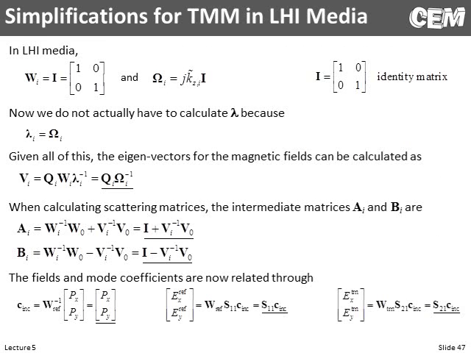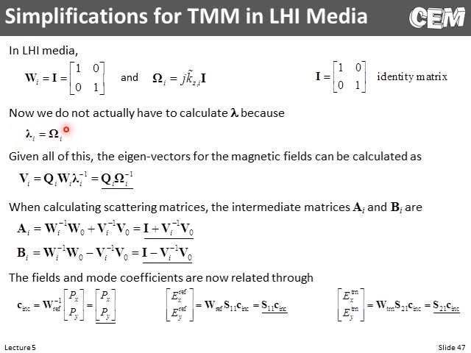Let's talk about some simplifications that are specific to the transfer matrix method, which is a one-dimensional model, and also specific to linear homogeneous isotropic media. So all the eigenvector matrices for the electric fields are just the identity matrix. Our omega is always reduced down to just j kz times I. This means that our eigenvalue matrices are just omega.